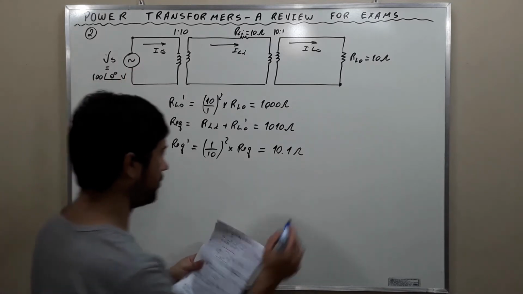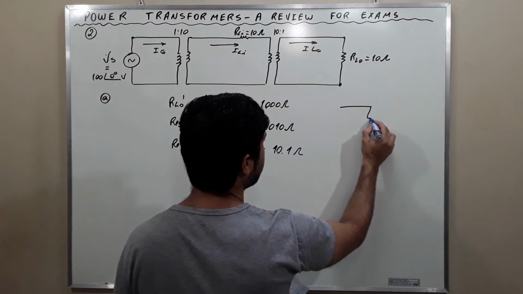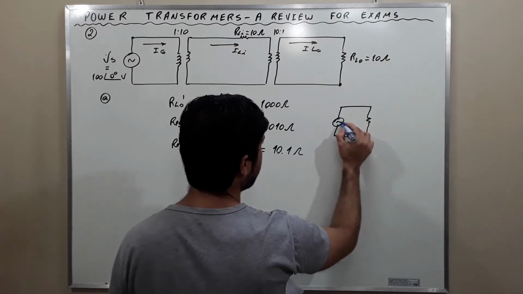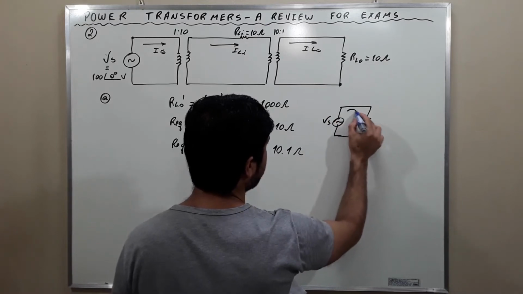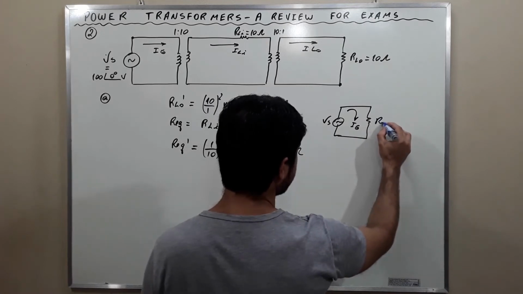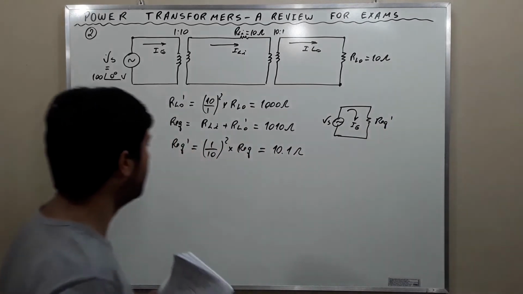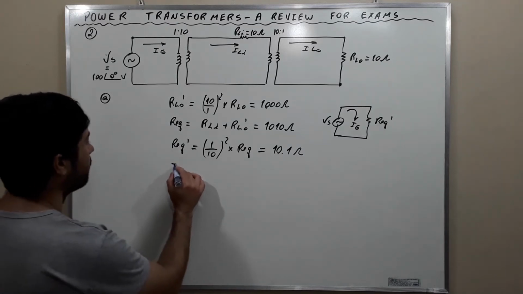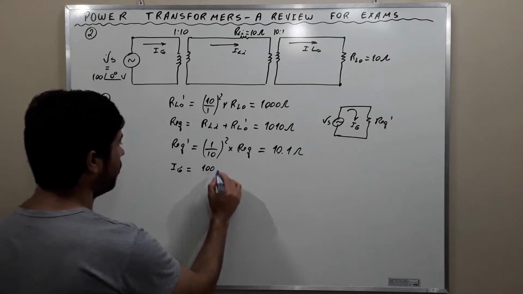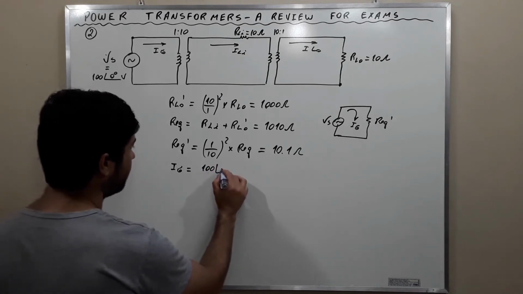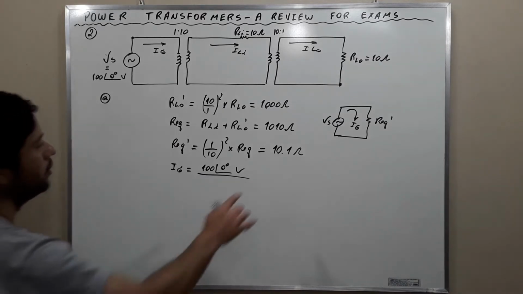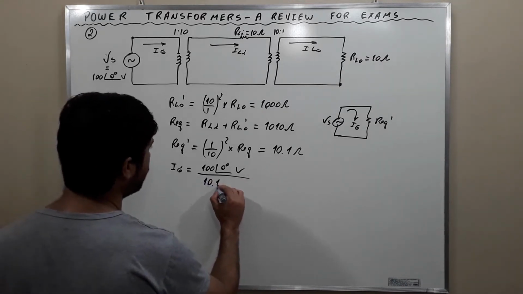We have something of the sort. Okay, so I_G is simply the division of 100 phase 0 degrees volts by this resistance here, 10.1 ohms.